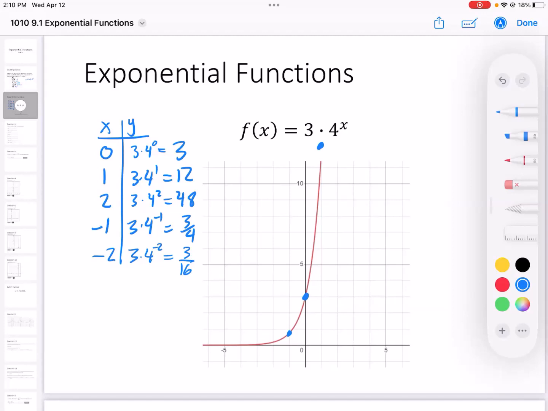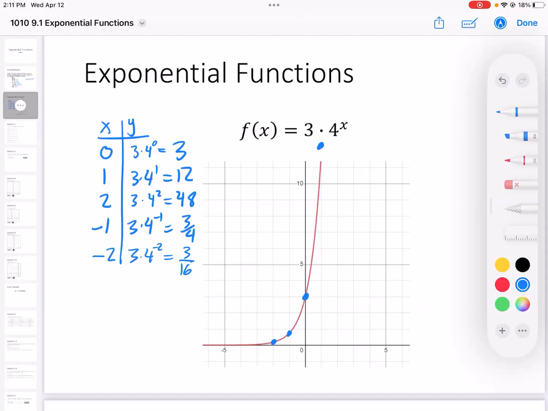And basically, when you're graphing these, it's going to get closer and closer to 0, but you'll never get a negative output. Because regardless of what negative exponent you put in and how tiny your reciprocal ends up being, this number will still be a positive number. And so you basically have an asymptote here at 0 where it gets closer and closer to 0, but it doesn't ever actually cross 0, if that makes sense.